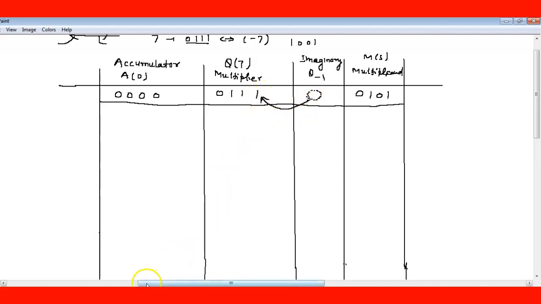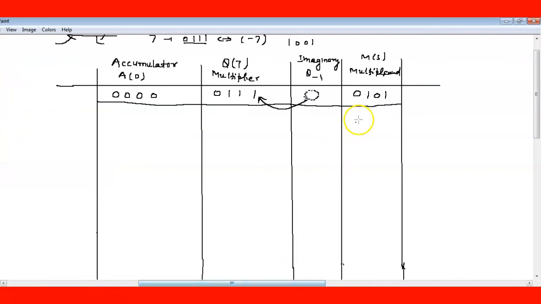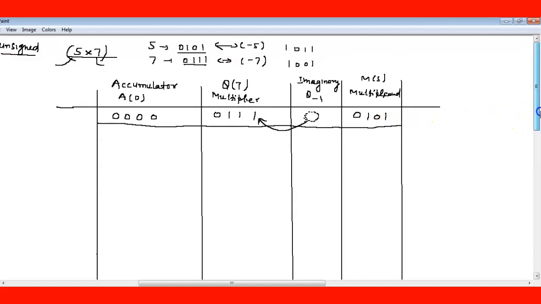Whenever the transition is from 0 to 1, you have to subtract m from A. What is m here? M is the multiplicand. Subtract this multiplicand from A. Subtraction means adding the second complement, right?